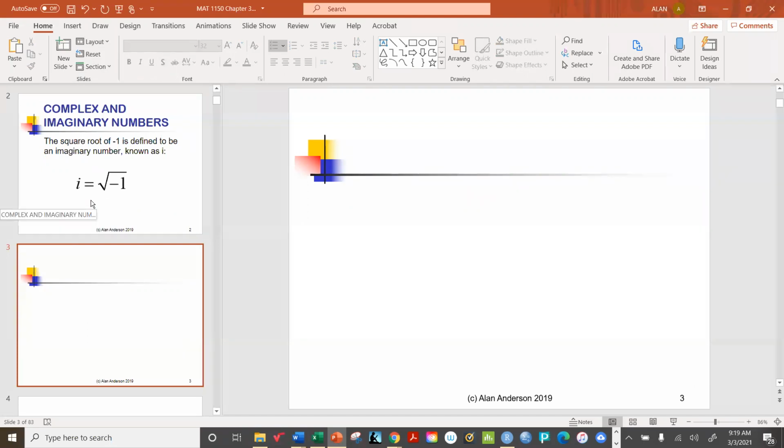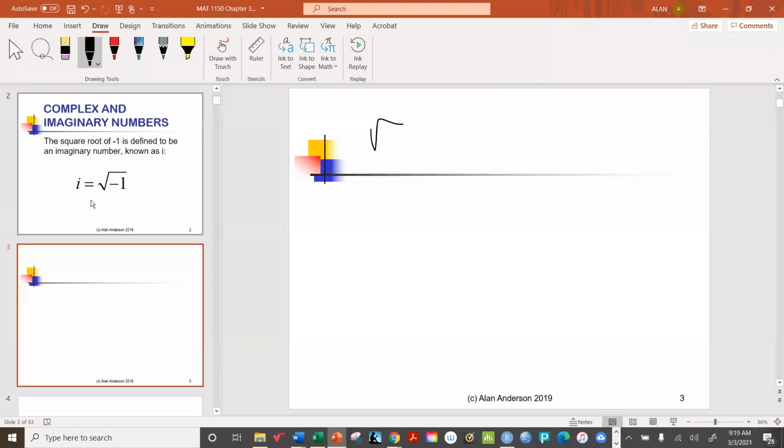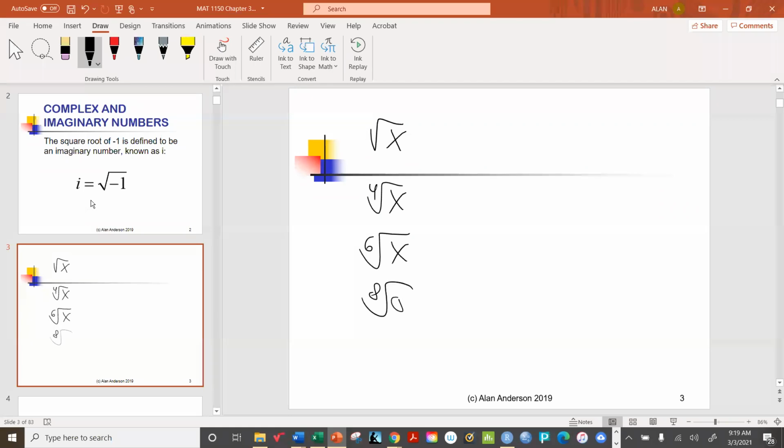For example, the square root, the fourth root, the sixth root, the eighth root of x. These are the so-called even roots. And then we have the so-called odd roots.